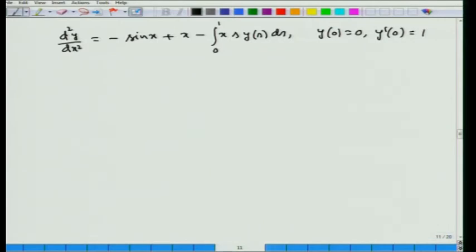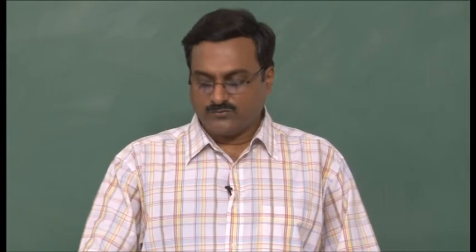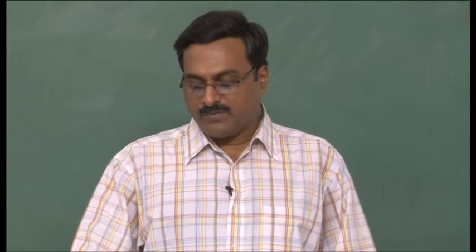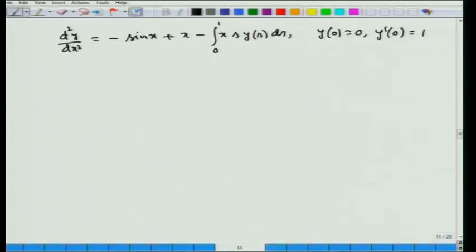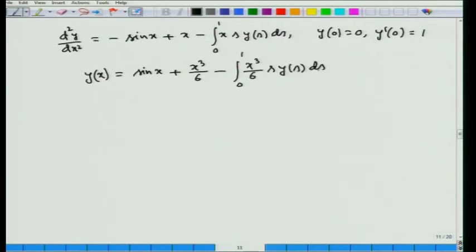Now, at that stage you can recall we have used that integral 0 to 1 s y(s) ds is equal to beta. Now, without replacing this integral 0 to 1 s y(s) ds equal to beta, you can find after twice integration from the limit 0 to 1, this y(x) equal to sin x plus x³/6 minus integral 0 to 1 x³/6 s y(s) ds.